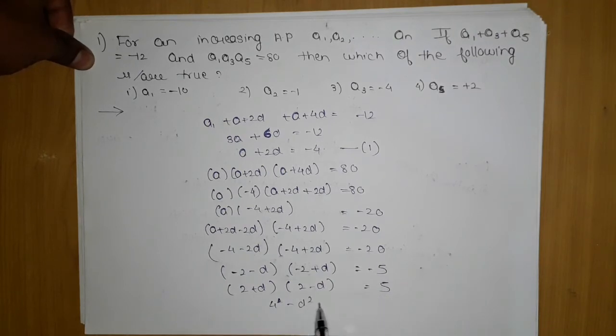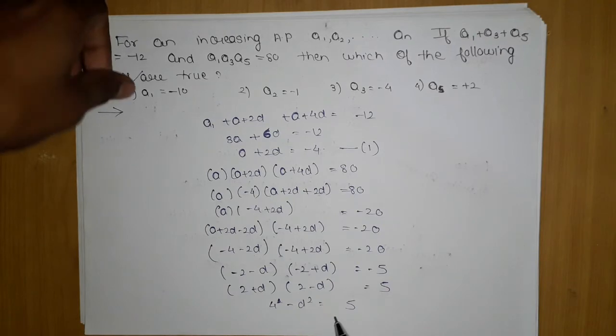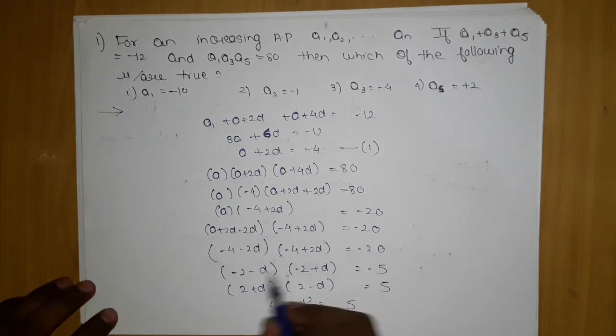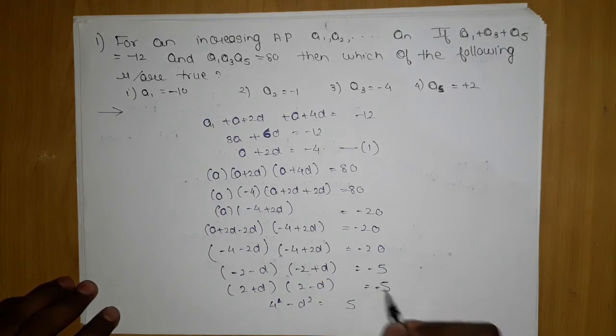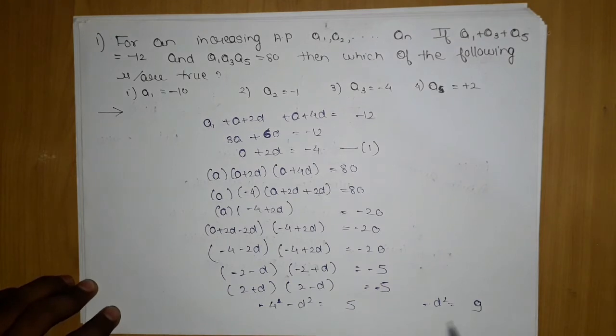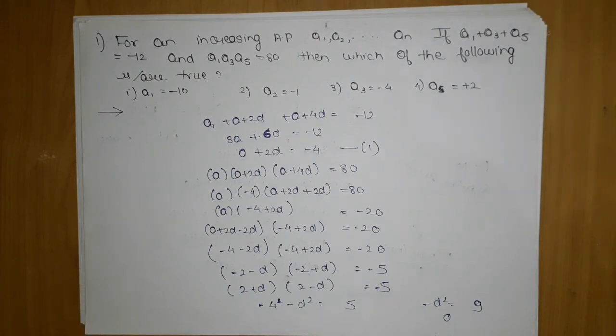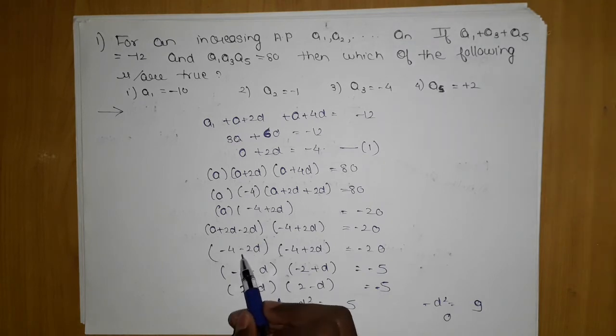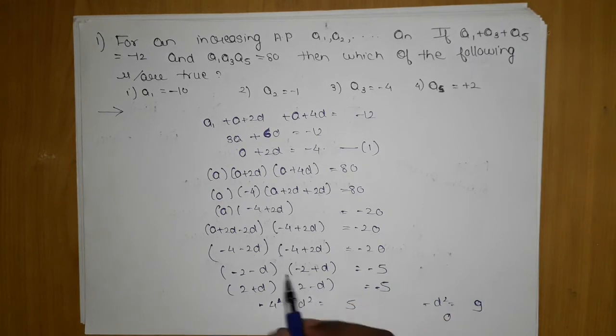4 minus D square is equal to 5, which will give me, okay, sorry, if I take minus outside, it will become plus, still minus will be left. Let me wait, first let me think. Here we have done some calculation mistake: minus 5 was there, we took minus outside, and it became plus, and then it was minus, so we move it.